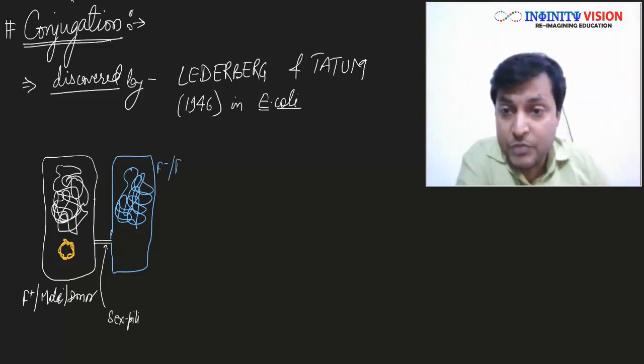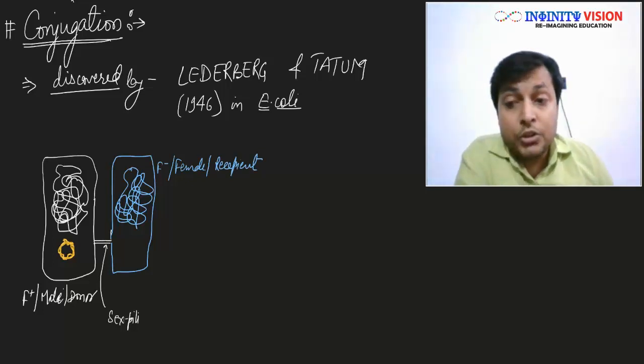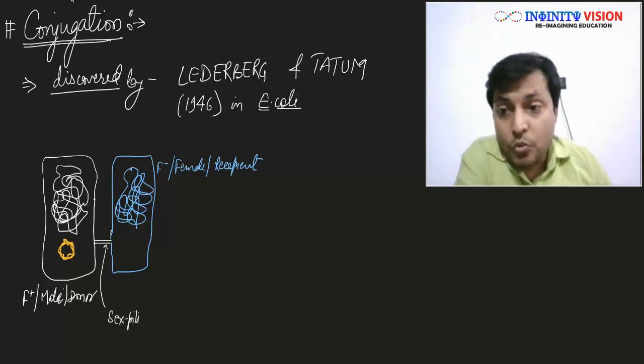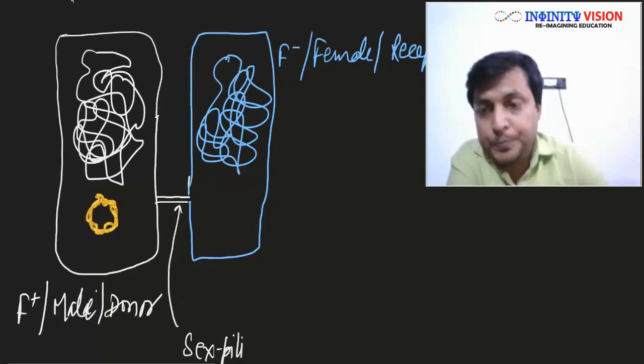F negative or female or recipient. Correct? Now what happens? Through this sex pili, one strand of this, okay, what happens? Let me first zoom it in and show you.